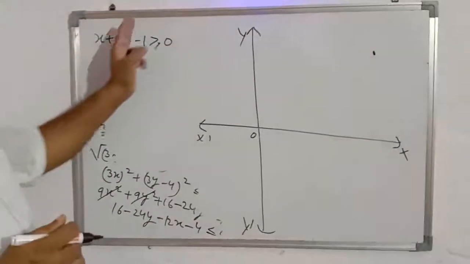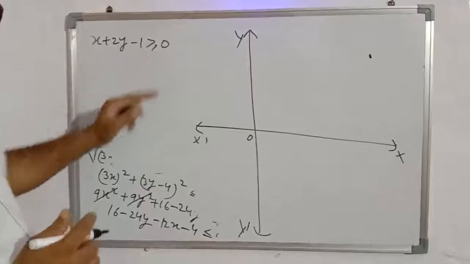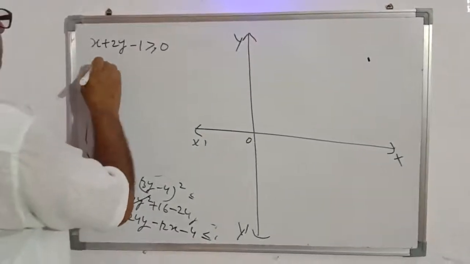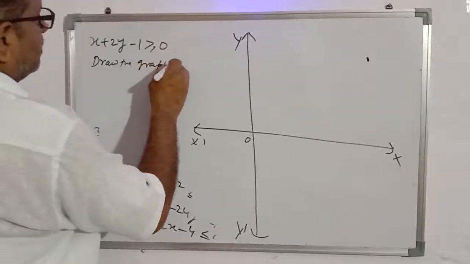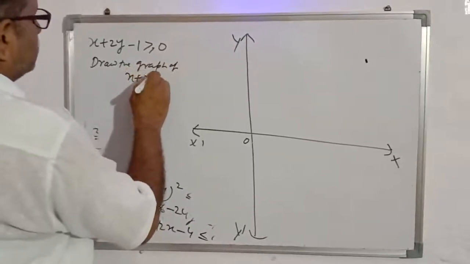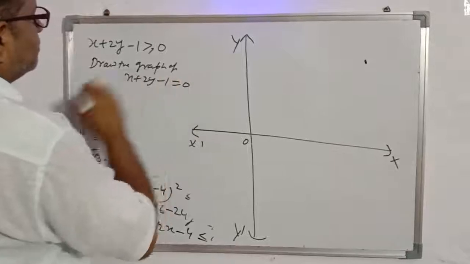Firstly, we will draw the graph for the line x plus 2y minus 1 is equal to 0.